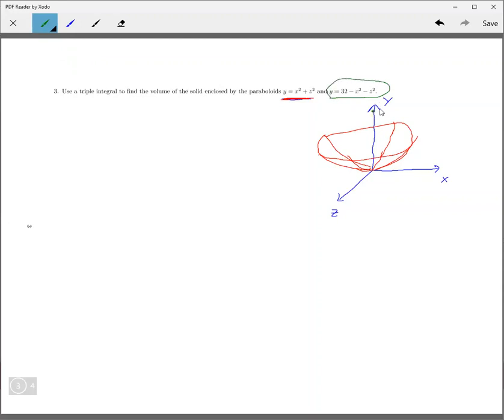If this is 32 right there, then this one's going to be coming down this way. So it's kind of a distorted sphere-shaped object, like one paraboloid on top of another. So the solid E is going to be what's inside both of these.